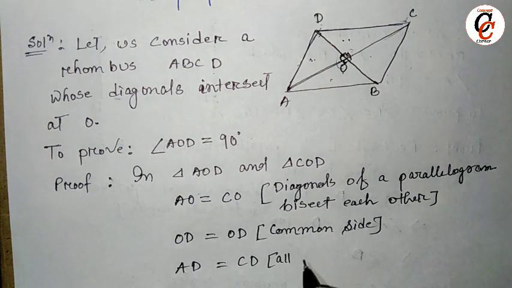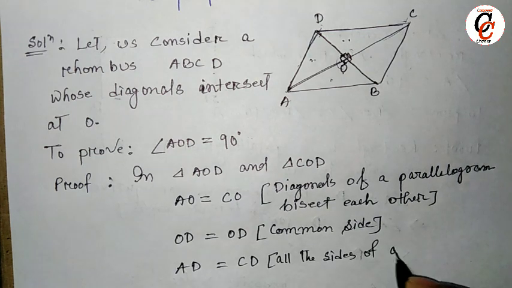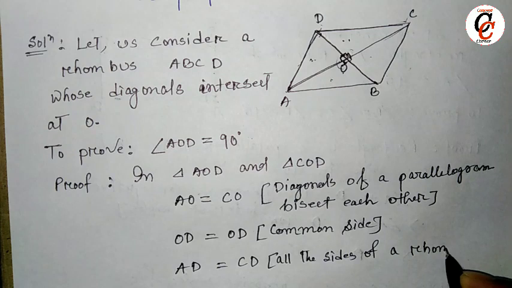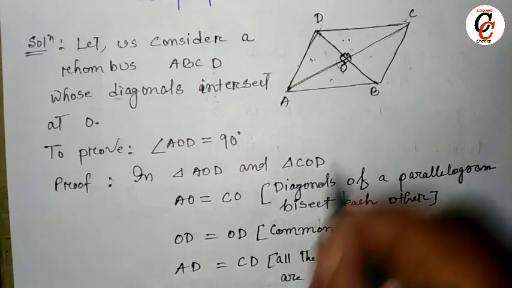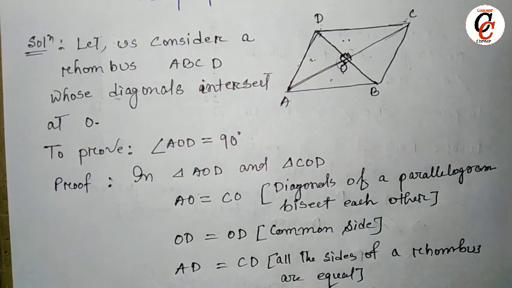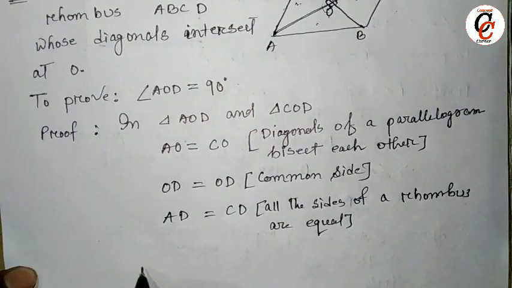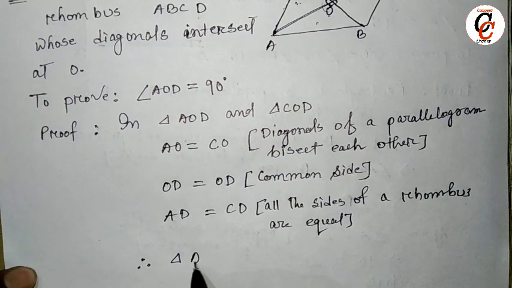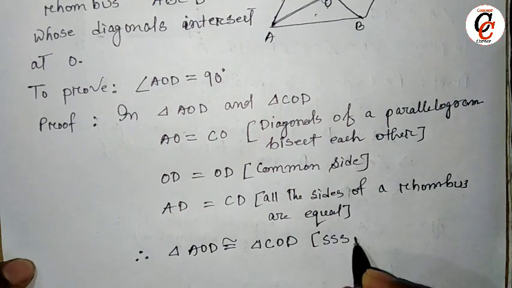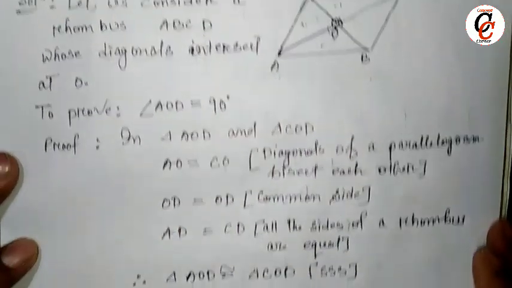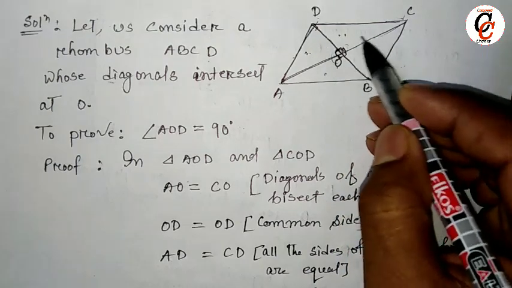So by the criteria of sides, these two triangles are congruent. Therefore, triangle AOD is congruent to triangle COD by the criteria SSS, since three sides of this triangle are congruent to three sides of this triangle.